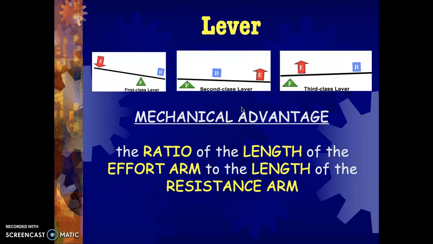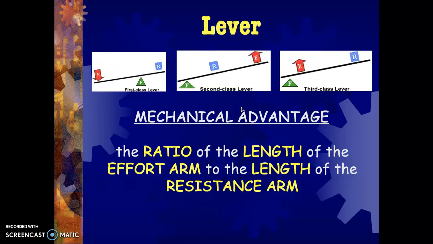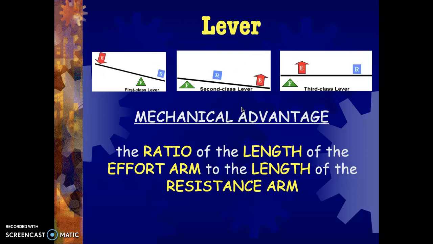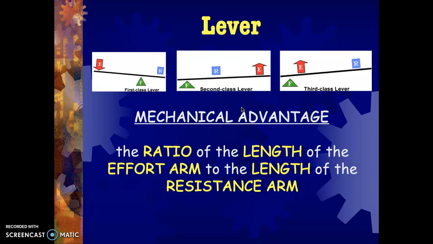A ratio means we are doing a division problem. So you measure the length of the effort arm. Again, that is the distance from the fulcrum to where you will be pulling down. And divide that by the length of the resistance arm. Okay, and that's the distance from the fulcrum to the load.